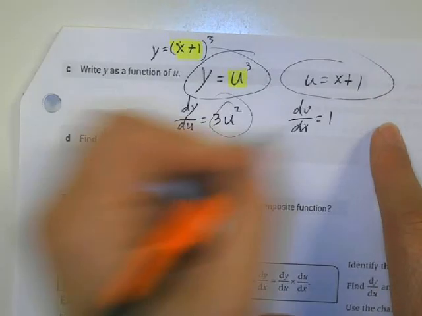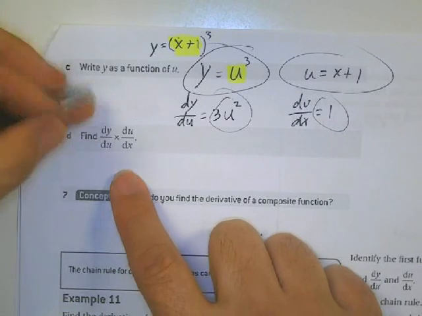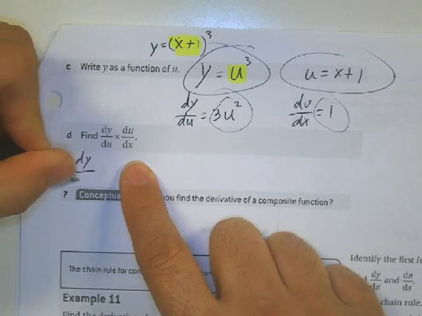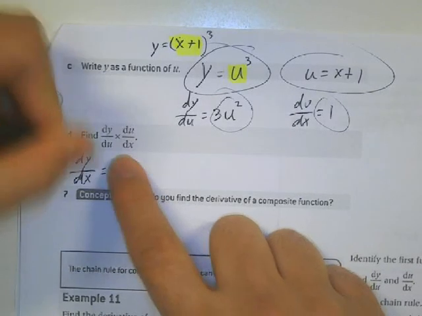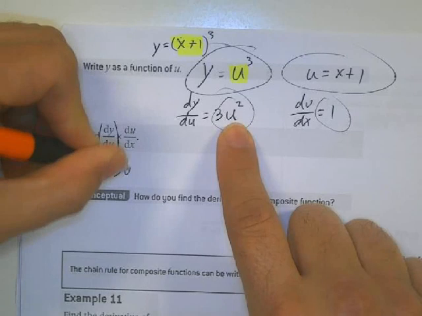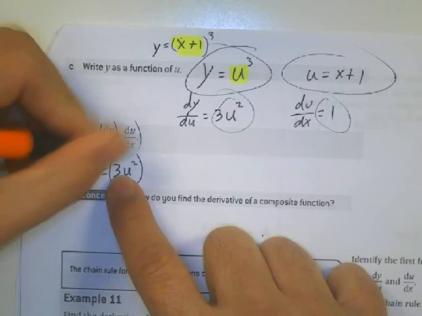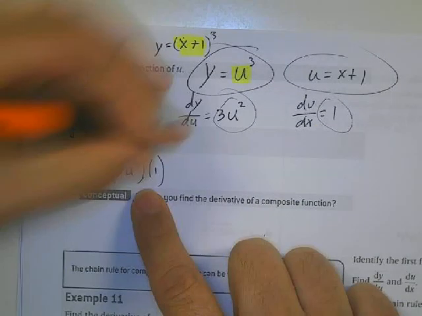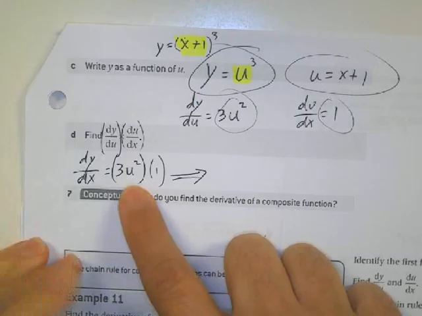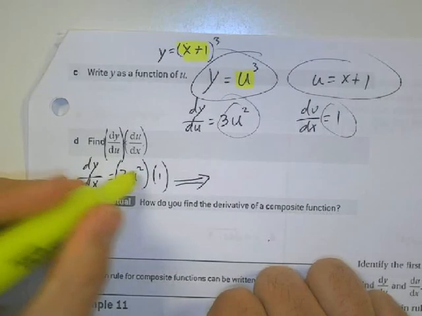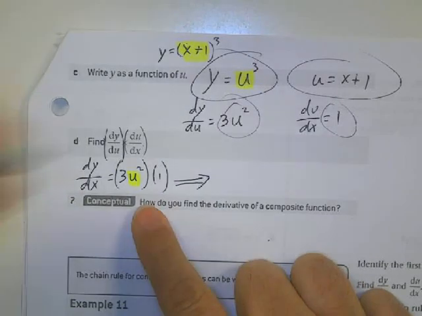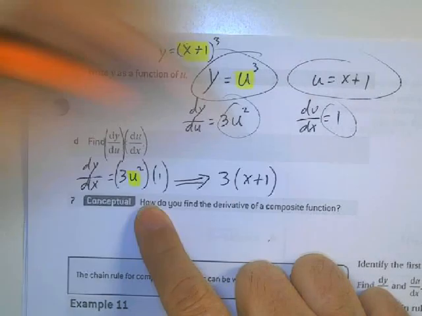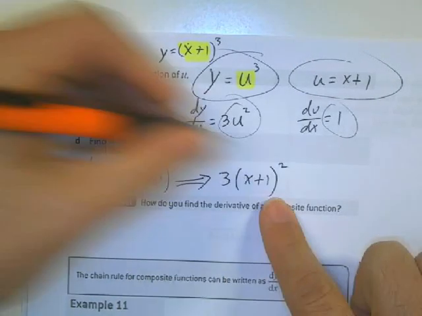So I'm going to use this here to find the product rule, because dy/du times du/dx, we're going to say dy/dx is equal to this first thing, which is 3u squared, and du/dx, which is 1. Okay. Now I can substitute u. I'm going to replace u with x plus 1. So now I'm going to have 3 times (x plus 1) squared. And that is the derivative.